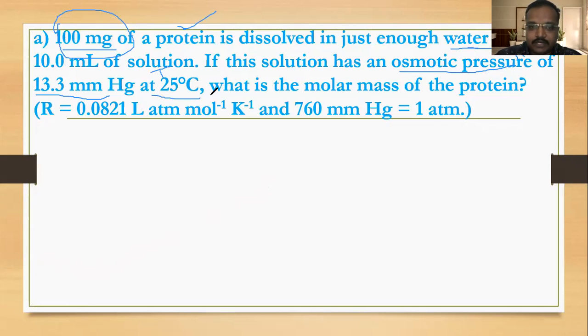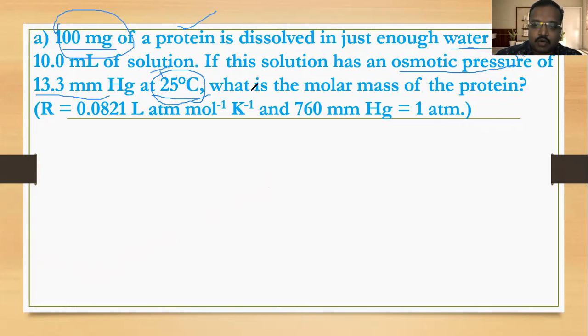What do we need to do to convert into Kelvin? We have to add 273. So 25 degrees Celsius, you have to convert into Kelvin, meaning you have to add 273, right?